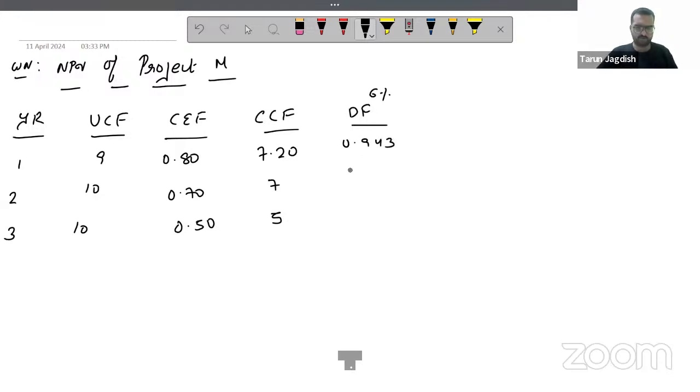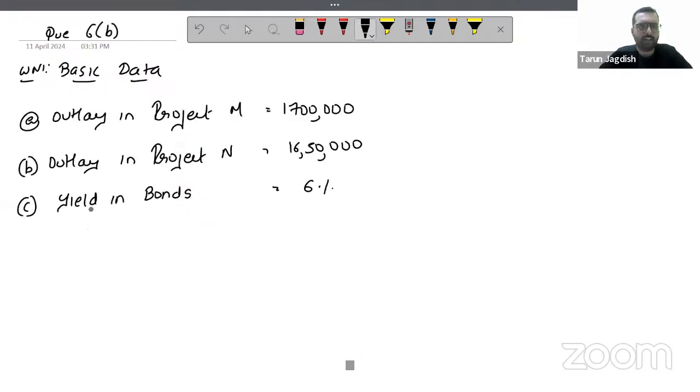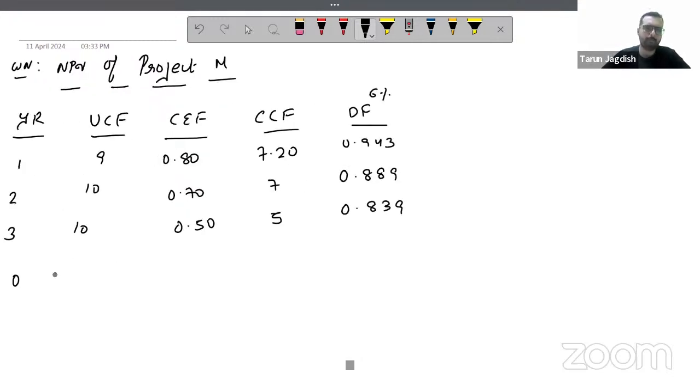0.943, 0.889, 0.839. Friends, I forgot to put year 0 cash flow. I'm putting it in the end. You please put in the beginning, okay? Minus 17. So here there is no certainty equivalent factor because it's an assured money going. So that will be taken just like that.